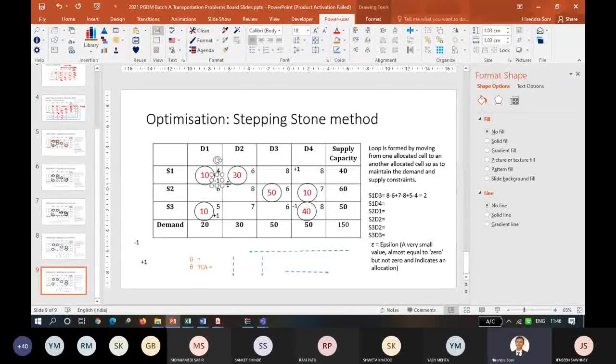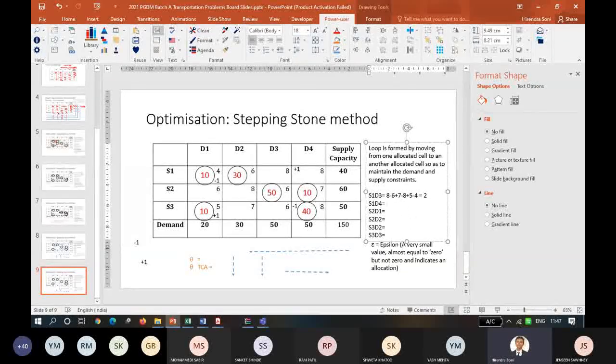Correct. So your loop is formed. From here to here, then this, and then back. So your S1D4 would be plus 8 minus 8 plus 5 minus 4.